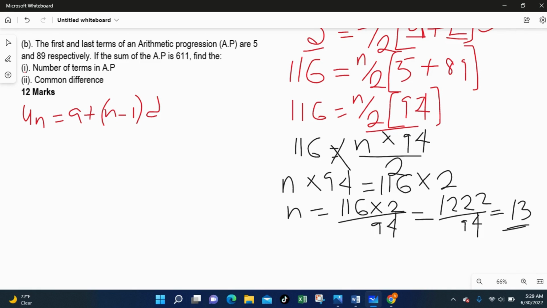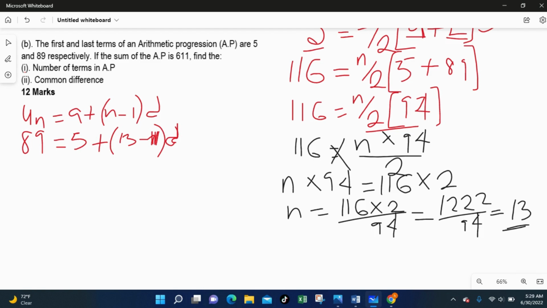We already have the last term equal to 89, the first term to be 5, plus the number of terms, 13, minus 1, and then the common difference, which we don't know.